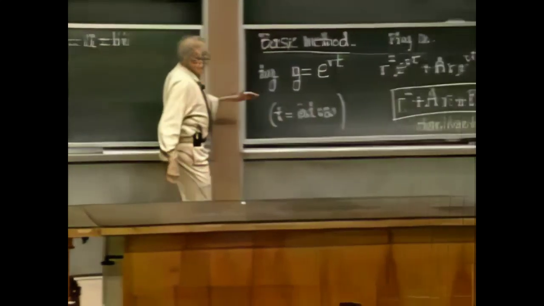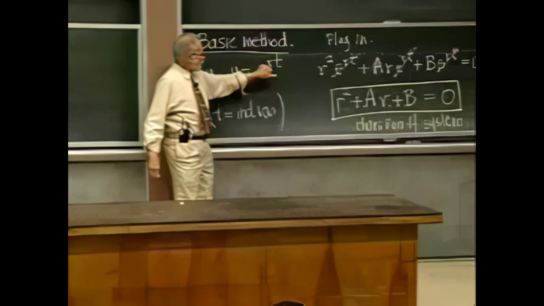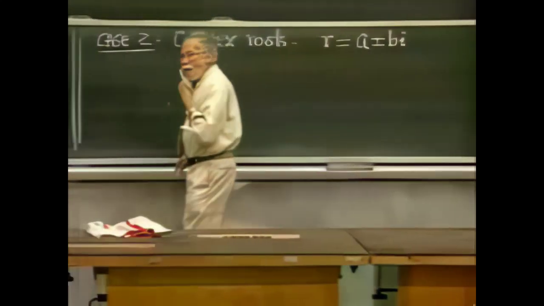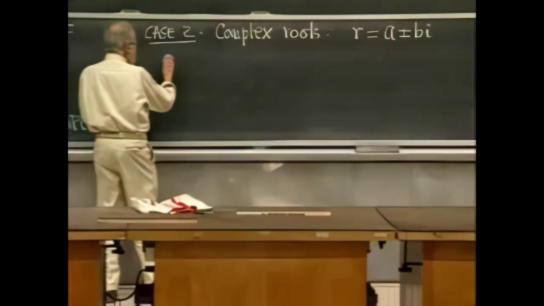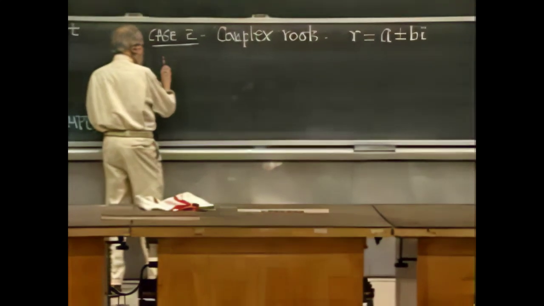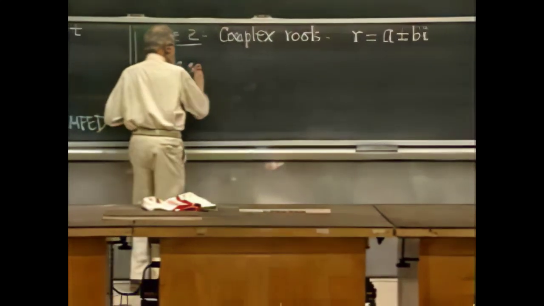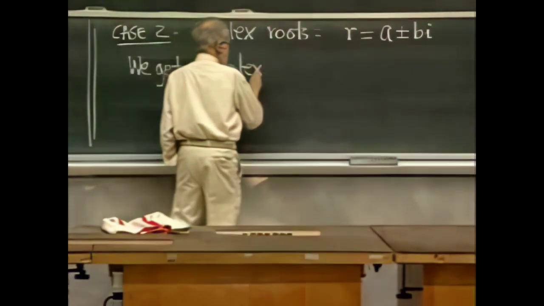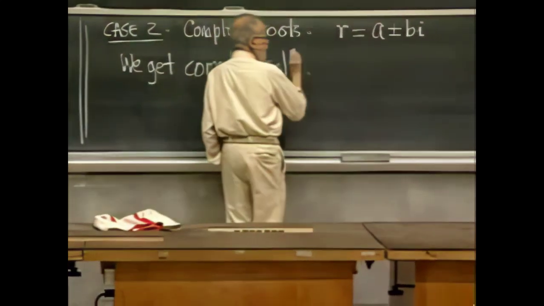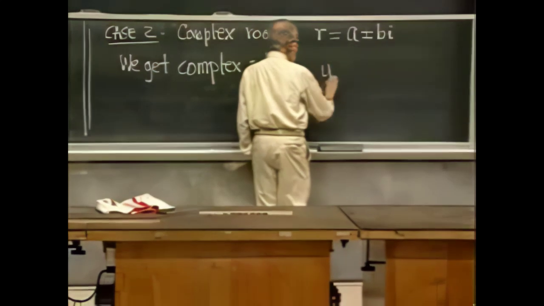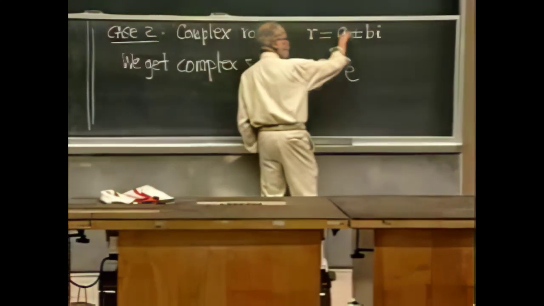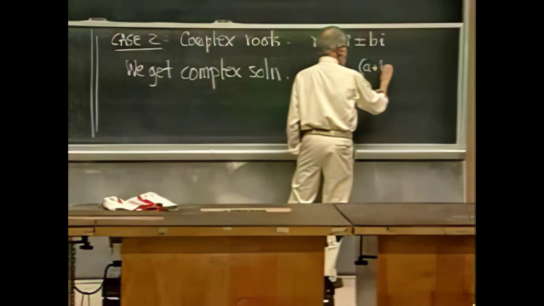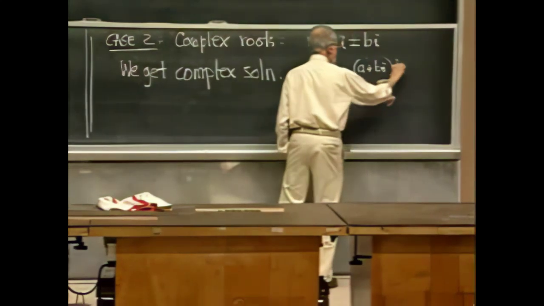Well, remember, it's this r when we tried our exponential solution. So formally, this means we get a complex solution, y equals e to the a plus bi times t.